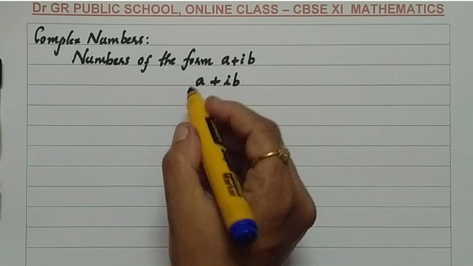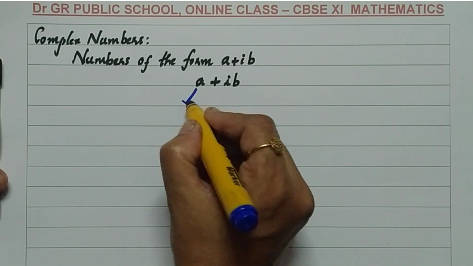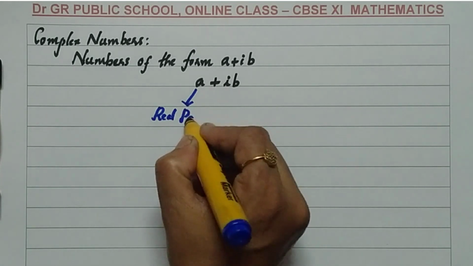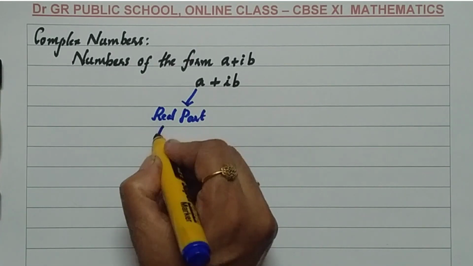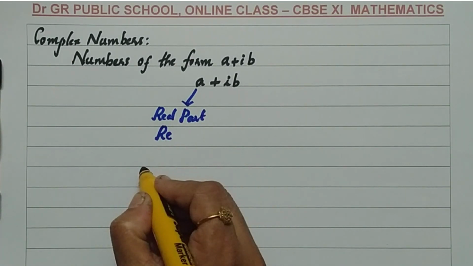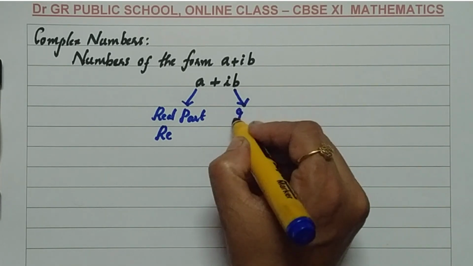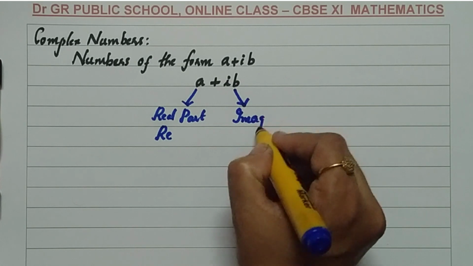One is called the real part, that is a, and b is called the imaginary part.